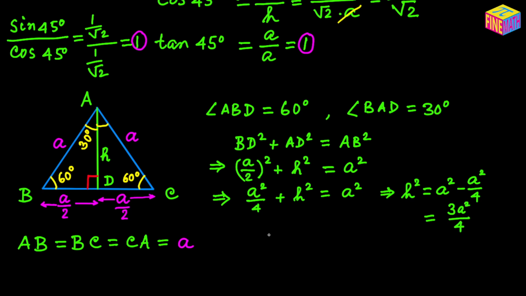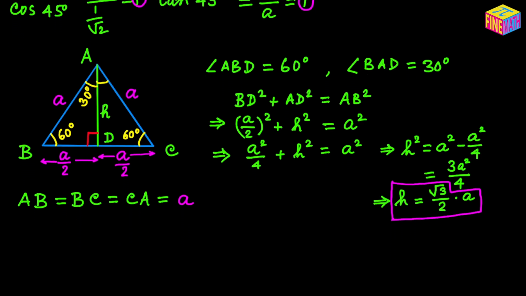If we take the square root, h would be equal to square root of 3 by 2 times a. So we have found the value of h, and we are going to need it when we calculate the different trigonometric ratios.